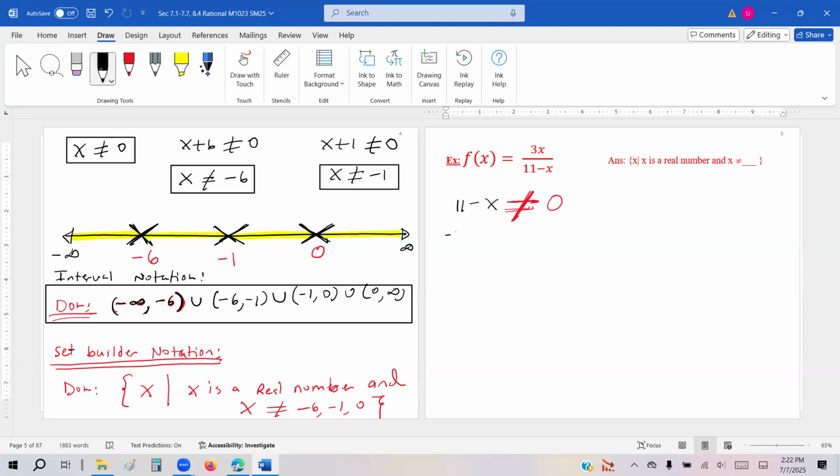Okay, 11 goes to the other side, so you are subtracting 11 from both sides. So you get negative x cannot be negative 11. And then divide by negative 1. So x cannot be positive 11.